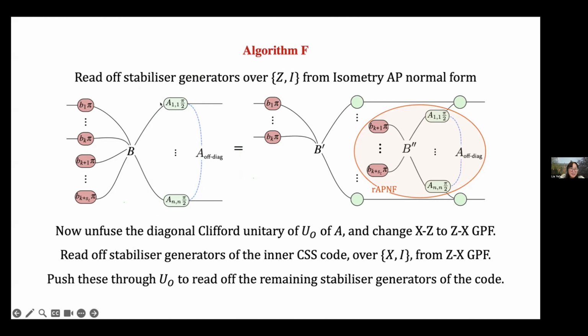So if you have a red X here, then it will copy across the green, possibly gaining a green pie, depending on whether this was an S or S dagger. Then you'll get a red X on the output, and you also get Z's on all the neighbors in this CZ circuit adjacency matrix.